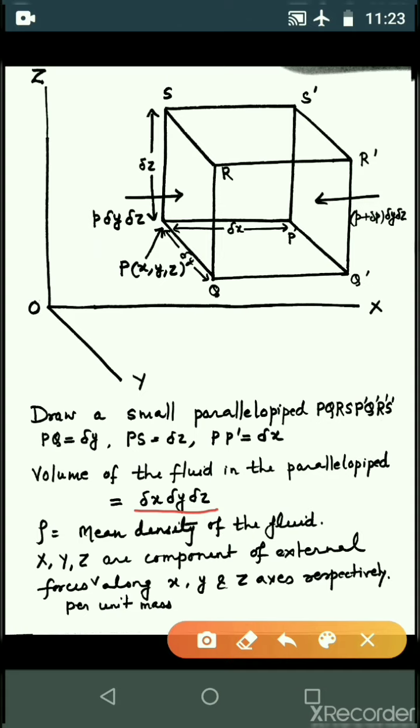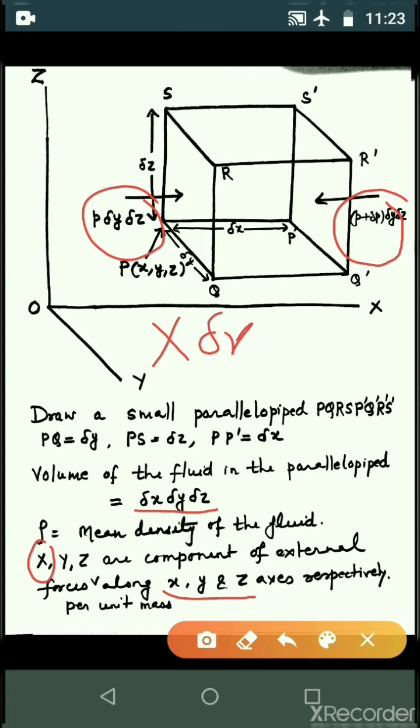Rho is the mean density of the fluid. Capital X, Y, Z are components of external force along the X, Y and Z axes. So the total forces acting along the X axis are p delta y delta z, (p plus delta p) delta y delta z, and capital X, the component of external force per unit mass along the X axis. The total mass within the parallelepiped is delta x delta y delta z multiplied by rho.